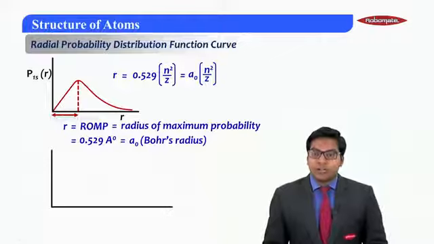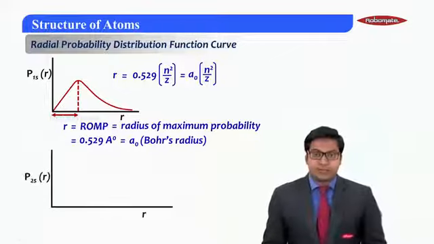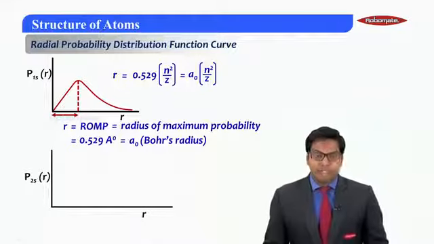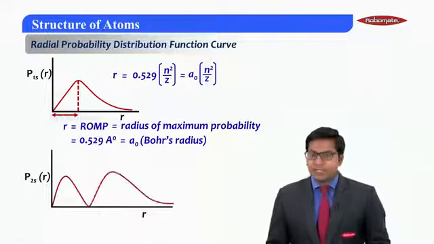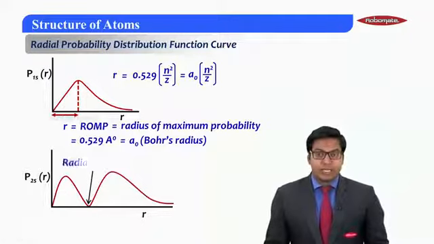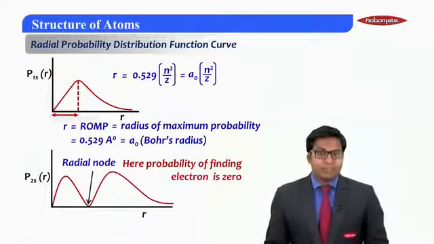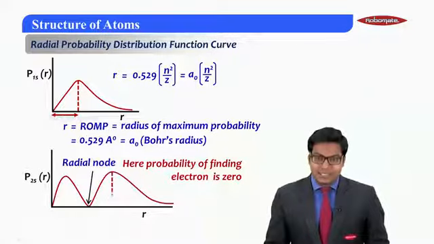Now let me draw a similar graph for 2s. So for 2s, I am plotting the probability distribution function versus r. Now this is the graph you will get. Here what I would see is that we are getting a radial node, where the probability of finding the electron is 0.